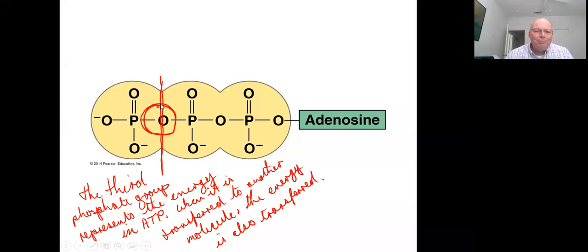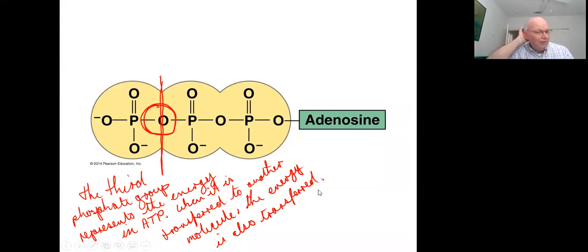So when this covalent bond is broken through a chemical reaction called a hydrolysis reaction, it involves addition of water. That phosphate group can then be transferred to another molecule, and the energy of the covalent bond is transferred with that phosphate group. And that's how the energy of an ATP molecule can be utilized by cells.